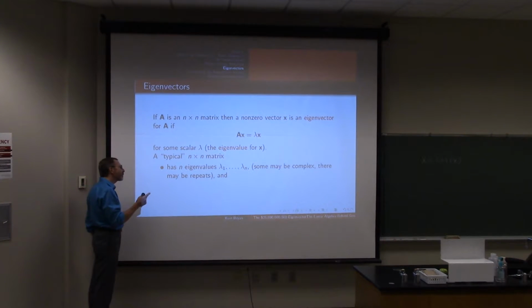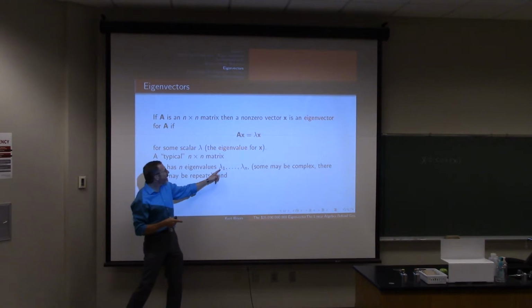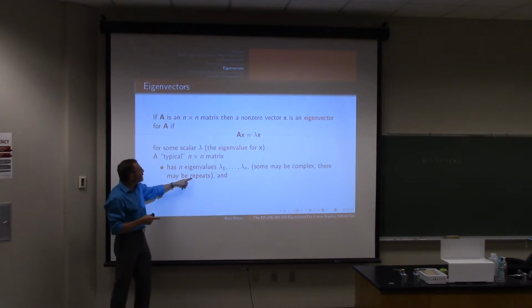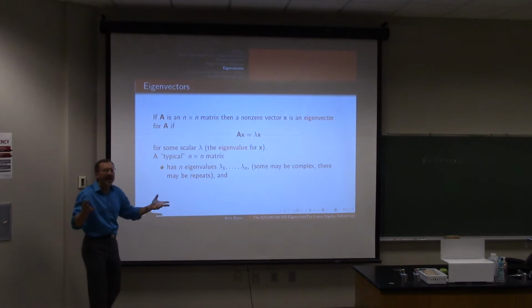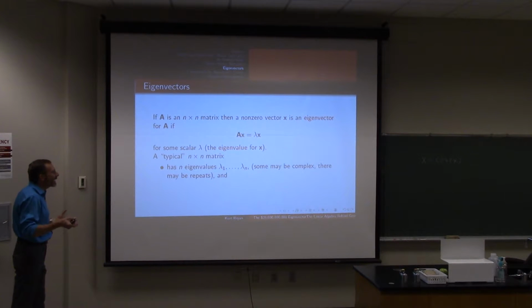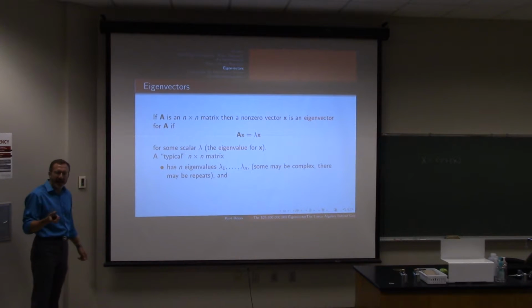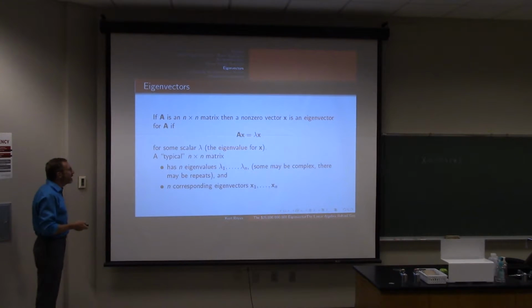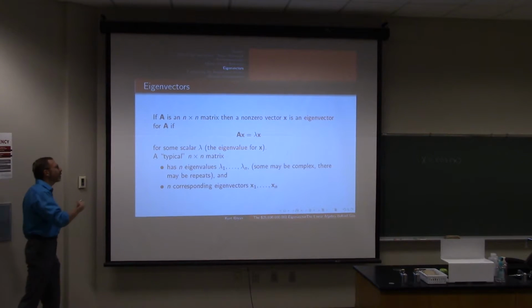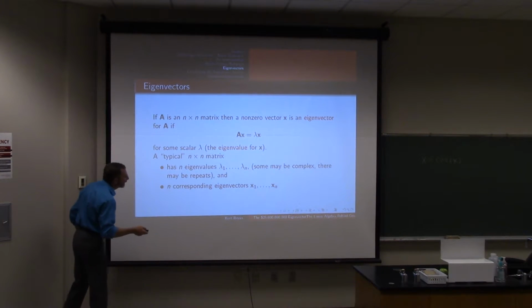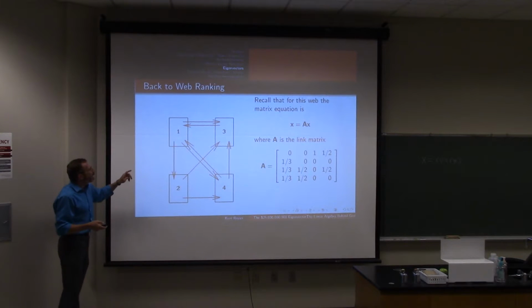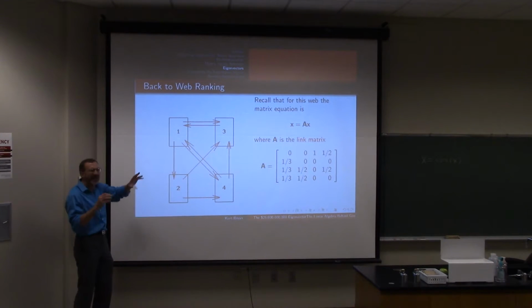This is not necessarily the case. They need not be real numbers; they may be complex numbers, and there may be repeats. But generically, an n by n matrix typically has n distinct eigenvalues, and each eigenvalue comes with its own eigenvector.